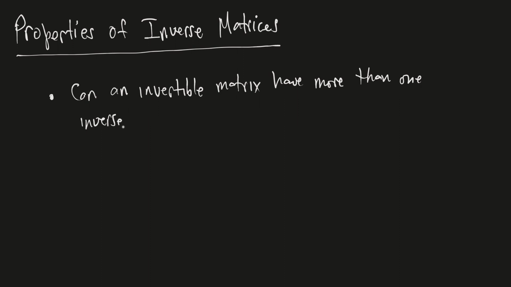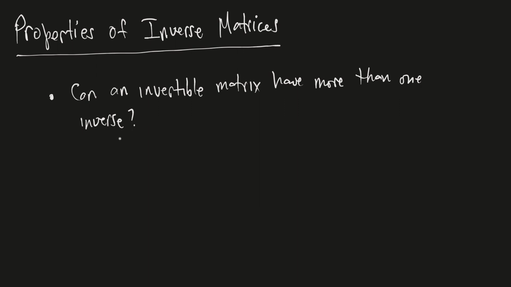Is that possible? So could there be two matrices that have that property where when we multiply the matrix by both of them, we get the identity matrix? Well, the answer is no. The inverse of a matrix has to be unique.